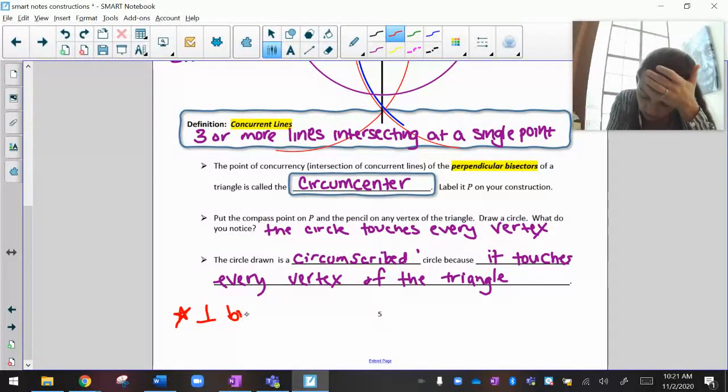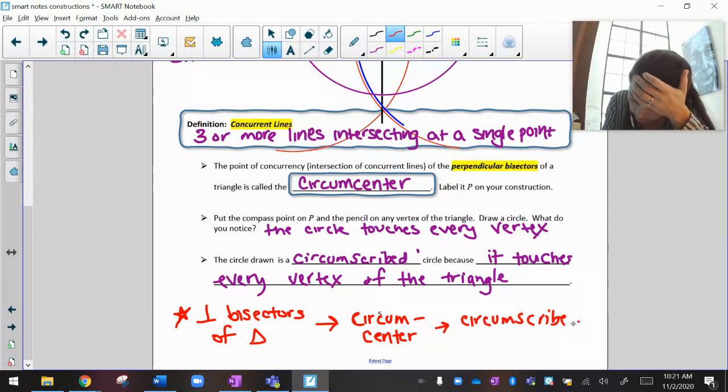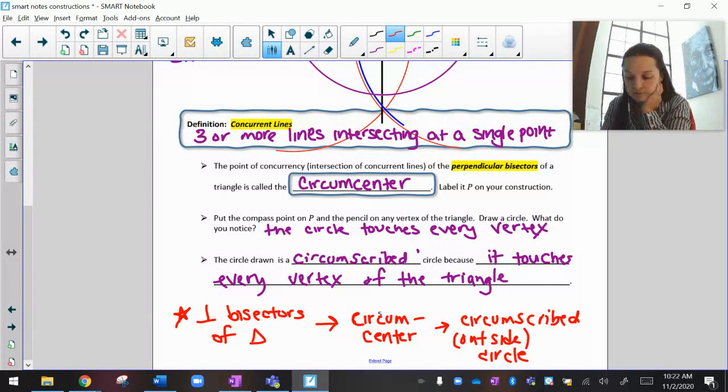Perpendicular bisectors of a triangle lead to the, I can't write neatly today, circumcenter, which creates the circumscribed or outside circle. Okay. All right, get that jotted down.